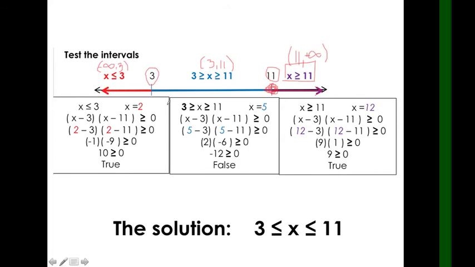All right. Now, for negative infinity to 3, what are the numbers that you can think of less than 3? And that is 2. So we can use 2. Okay. So we will just substitute 2 to both our factors to determine if our answer is correct.